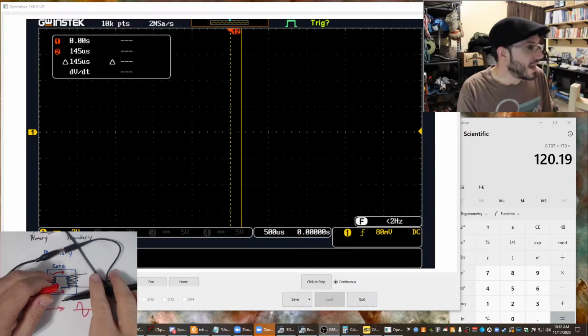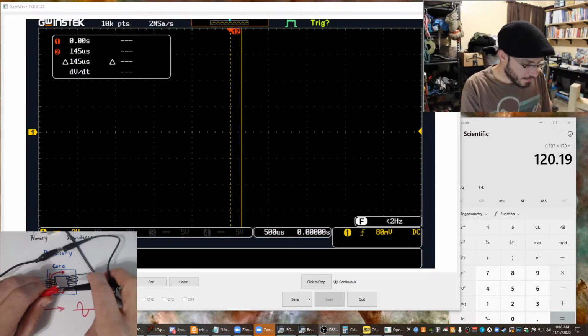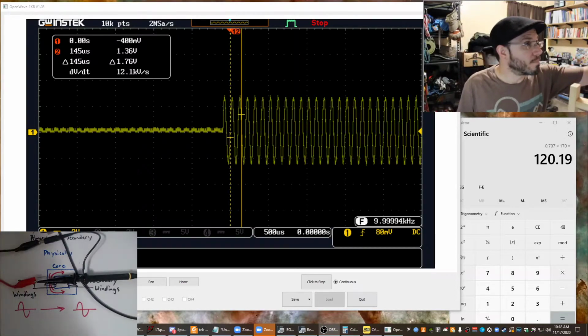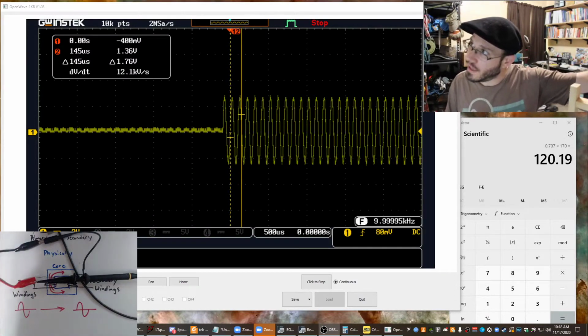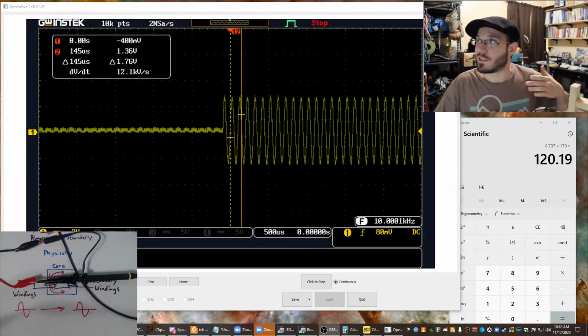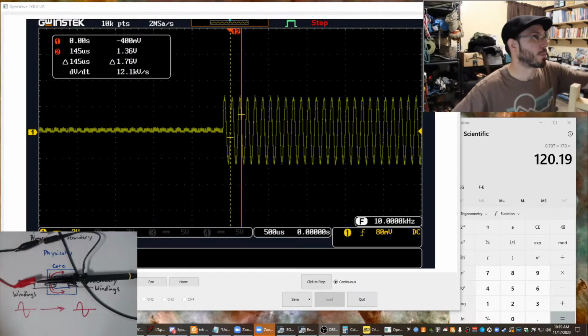Okay? And then as soon as I connect it back up, I get my AC voltage source back. So absolutely, I'm measuring the output of my function generator. My function generator is just providing us an AC voltage source to look at.